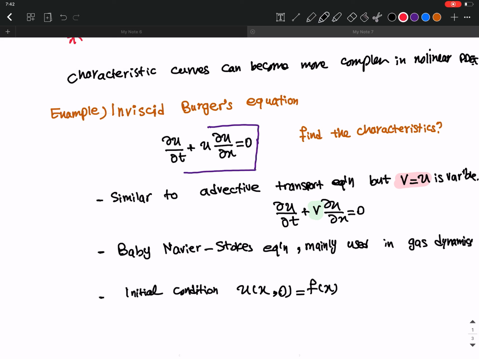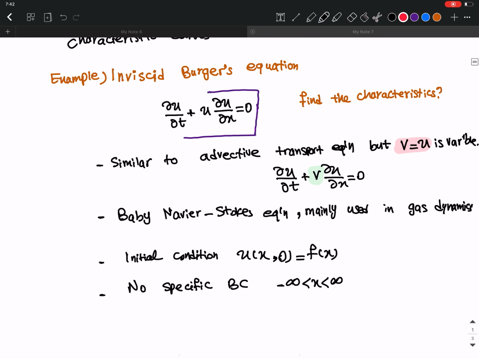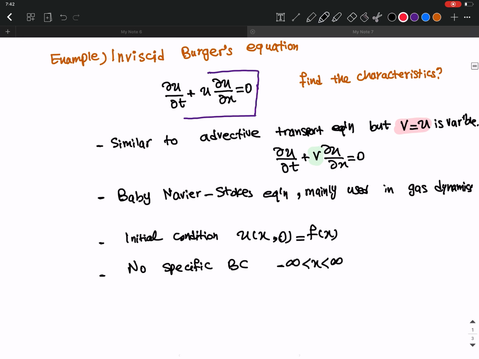And this equation does not have any specific boundary condition for minus infinity and infinity. Okay, so now these are some notes about the Inviscid Burger's equation. And now based on these, we want to find the characteristic curves for this equation, and then solve it, given a specific initial condition.